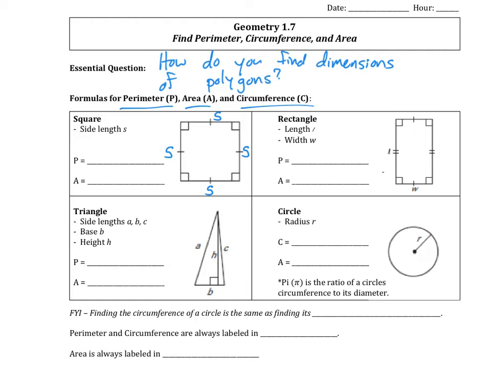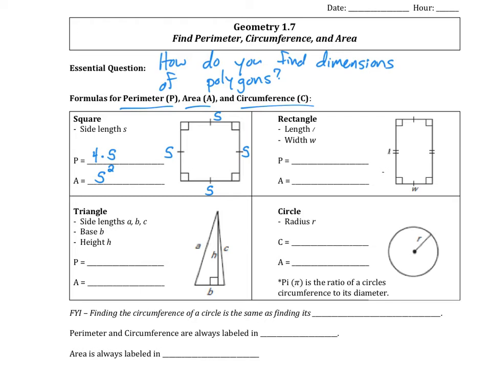It could be 5, 10, 27, 3. It could be anything. So to find the perimeter, there are 4 sides, so it's 4 times S, or 4 times whatever the side length is. The area is the side length squared. That's how you find the perimeter and area of a square.